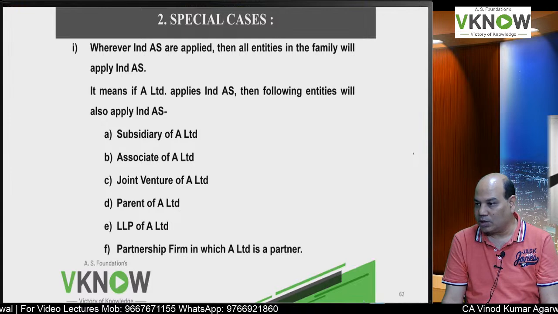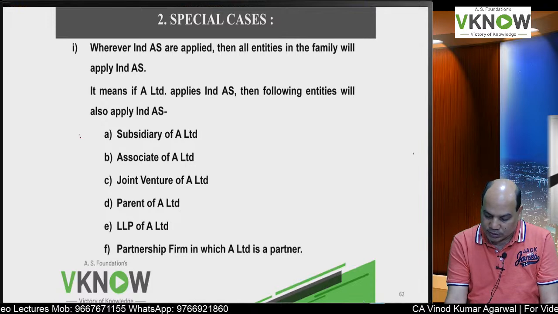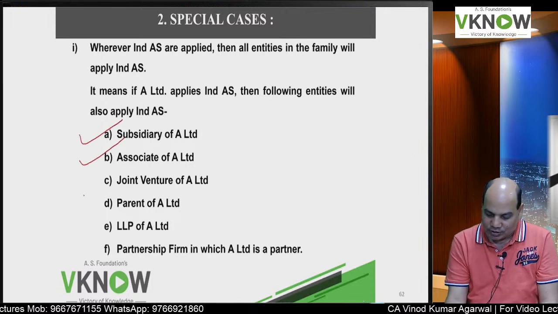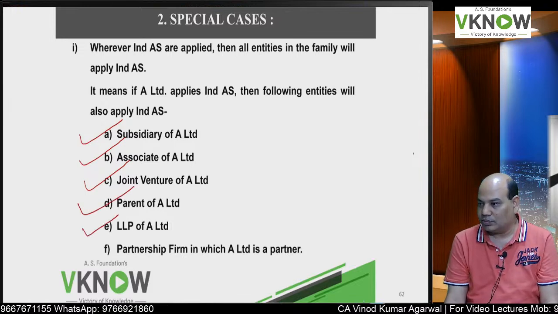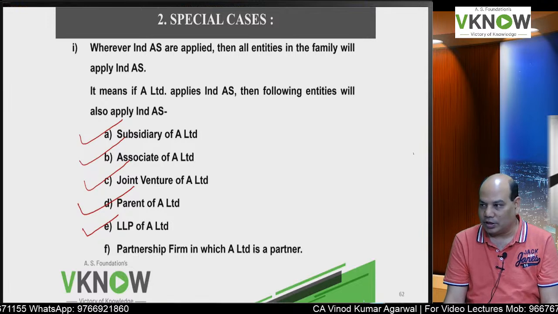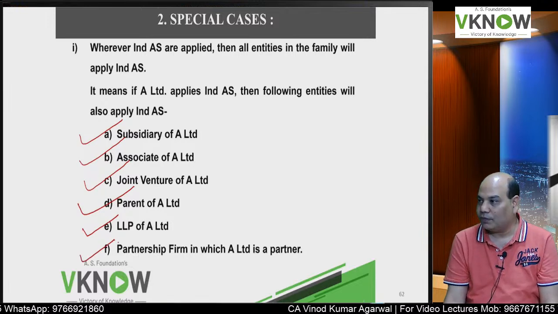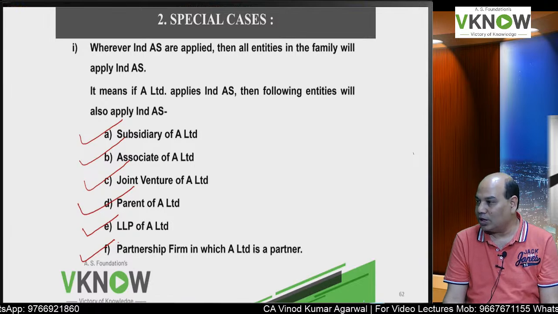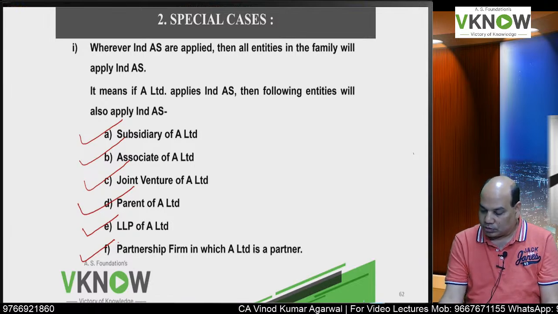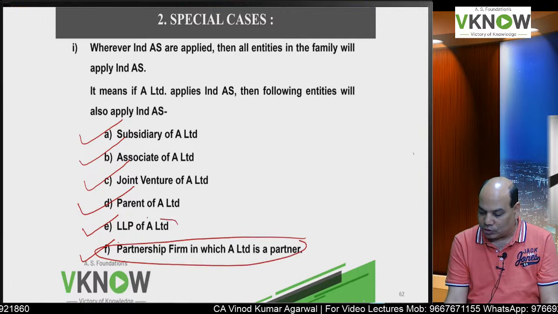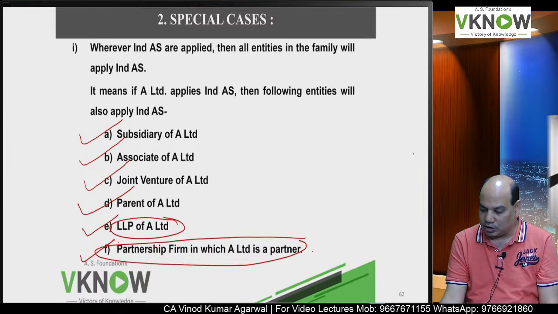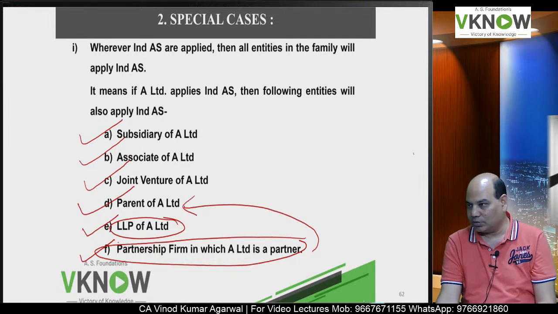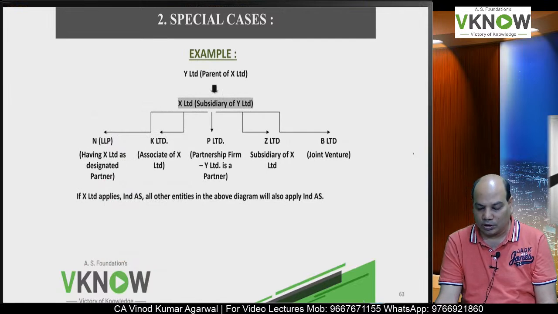It means if A Limited applies Ind AS, then the following entities will also apply Ind AS: subsidiary, associate, joint venture, parent, even LLP, because LLP is also consolidated, and even the partnership firm in which A Limited is a partner. For the purpose of consolidation, they will also prepare financial statements as per Ind AS, so that it can be consolidated with the parent company. So this is that example.